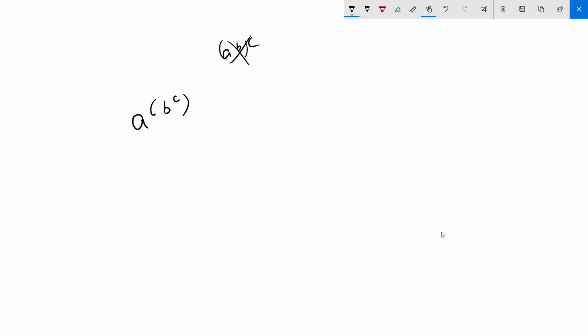This is A raised to that massive exponent mod n, and you know that A to the k minus 1 is the multiplicative inverse of A if you're working mod n. That's the setup.